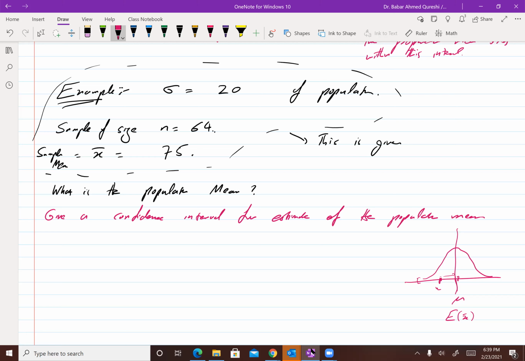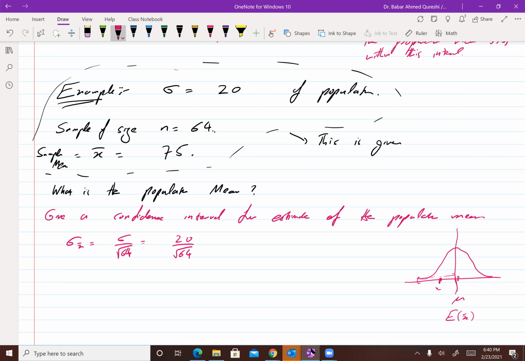And this, according to what we have discussed, you can know if you know the distribution of the sample means, which we know is just given by a normal distribution with this standard deviation.